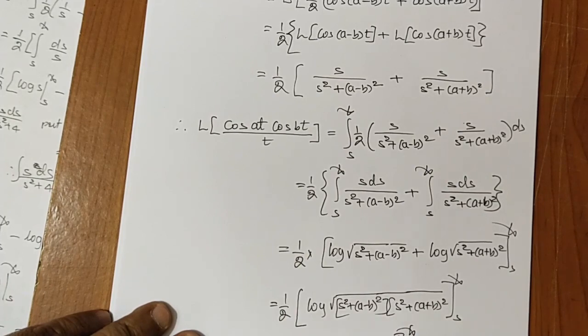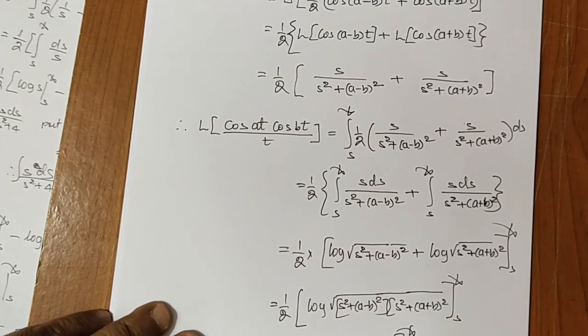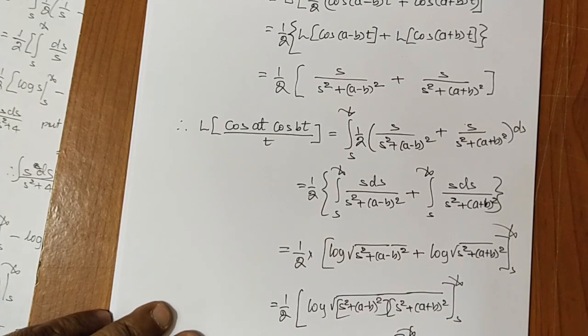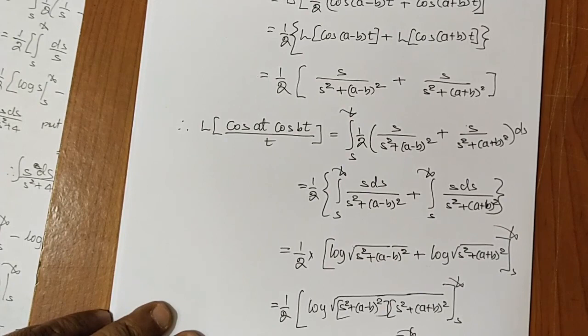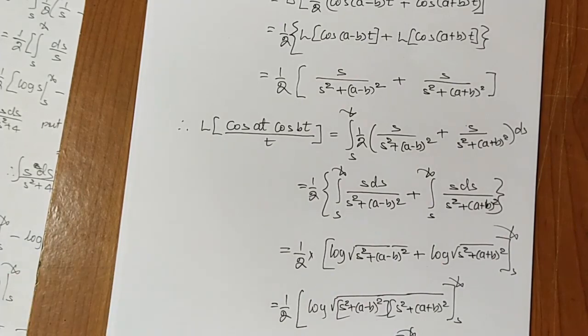Minus log of the same thing with s put as s. So this won't give you 0 like earlier cases, because if it is a division, then I can take out s squared common, and this gives me log 1 and I get 0. Therefore, if it is sin at into sin bt by t, it is possible. Otherwise, it gives me infinity.